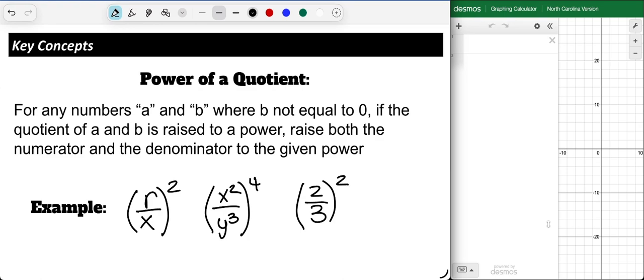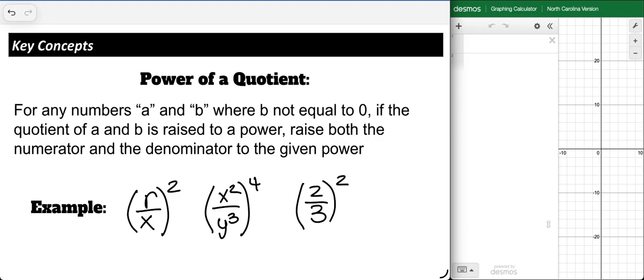Now, what we're looking at are examples that allow us to identify what rule or what law to use in the situation. All these examples that I gave you for each one of these laws, if I see something that looks similar to that, then that's the law that I need to use.